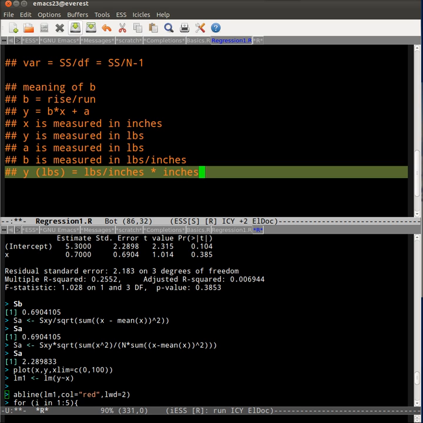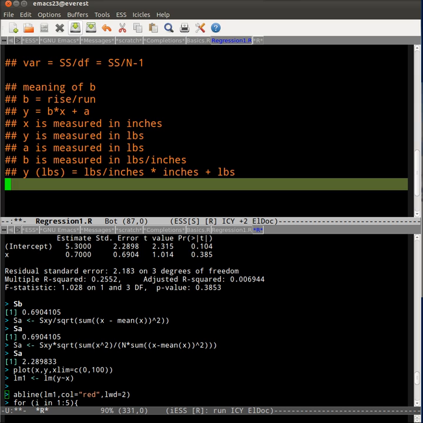Remember that B is pounds over inches, and X is measured in inches. And then we have to add pounds. So now we have pounds equal pounds over inches times inches. Inches cross out. So now we have pounds plus pounds, right?